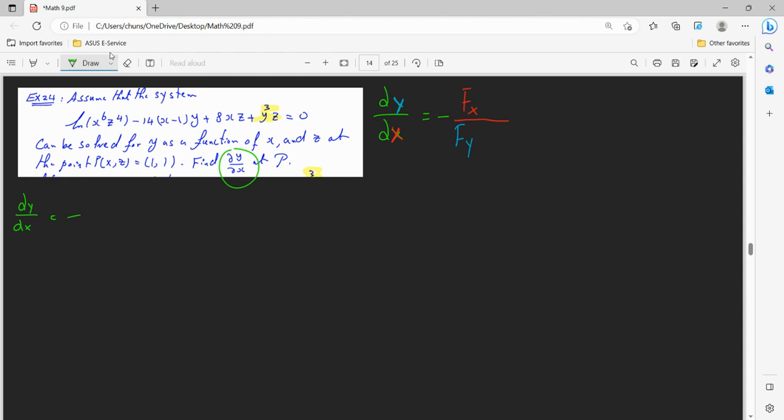it's equal to negative. So with respect to x, this is 6x z to the 4, then 6 z 4, and this is minus, actually, before we go forward with that, I'm going to rewrite this equation just to make it a little easier to work with.